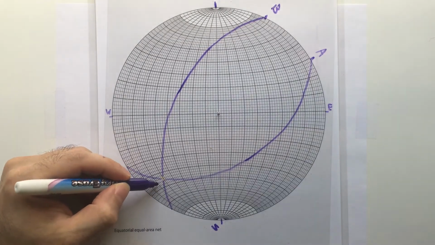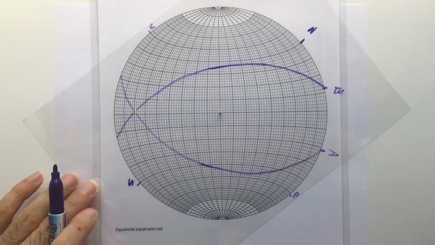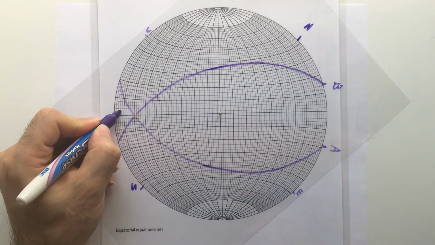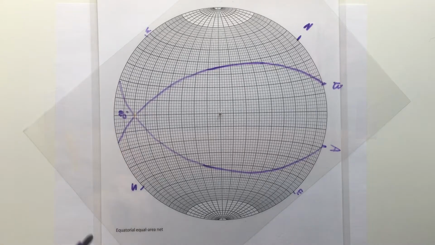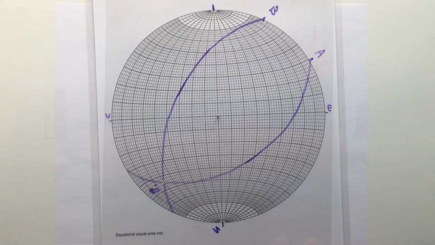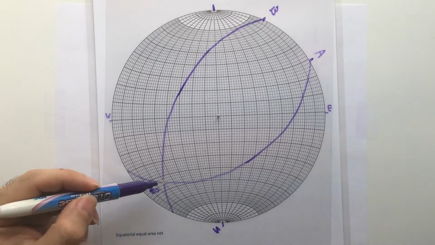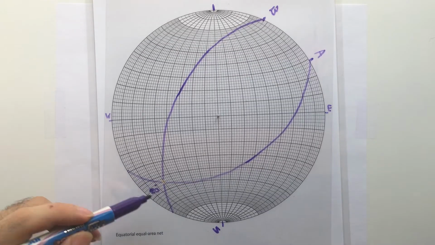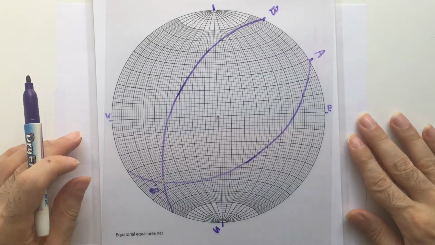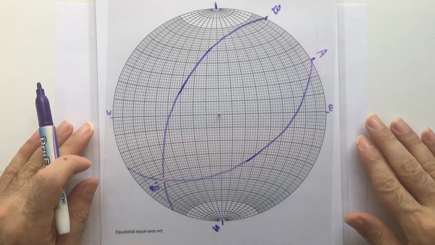For counting this angle, you place it on the east-west line and you actually have 20 degrees, right? 10, 20. So I have my fold axis, which is plunging towards southwest, 20 degrees.